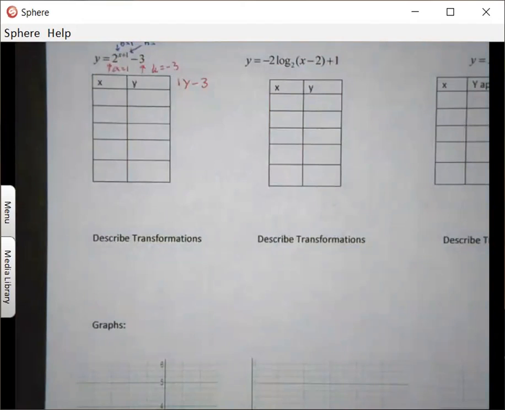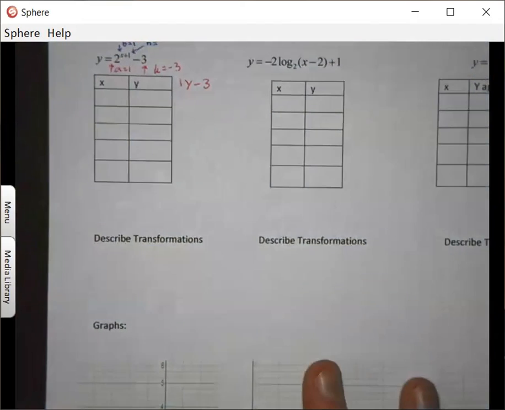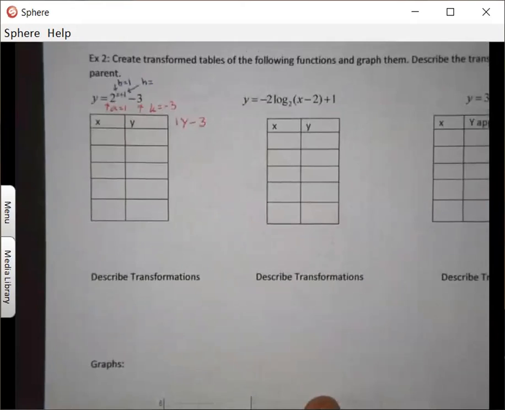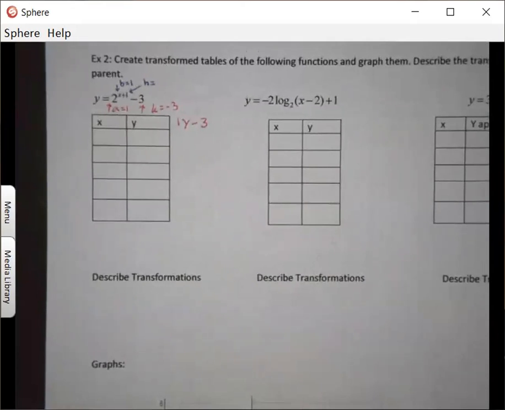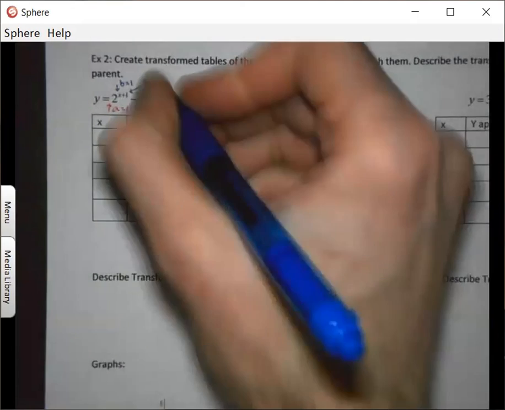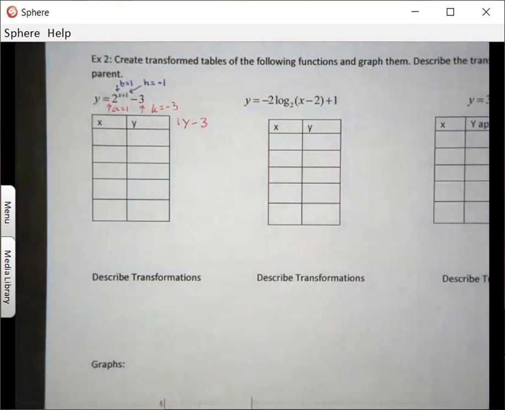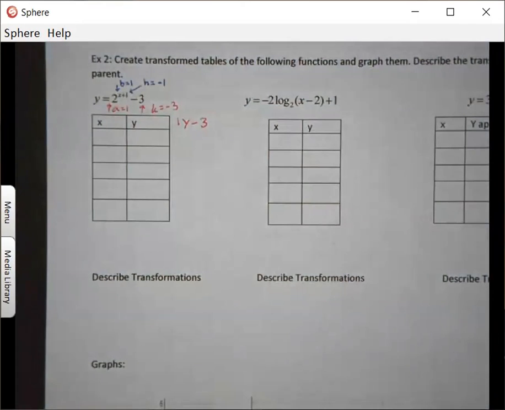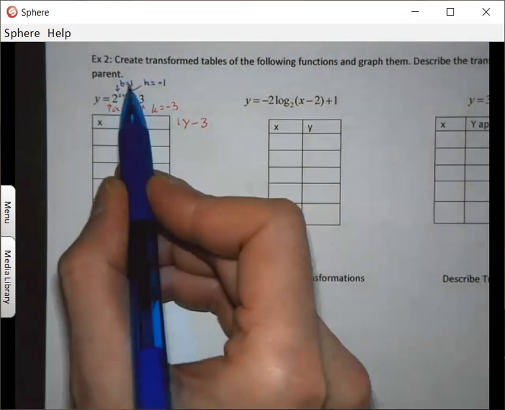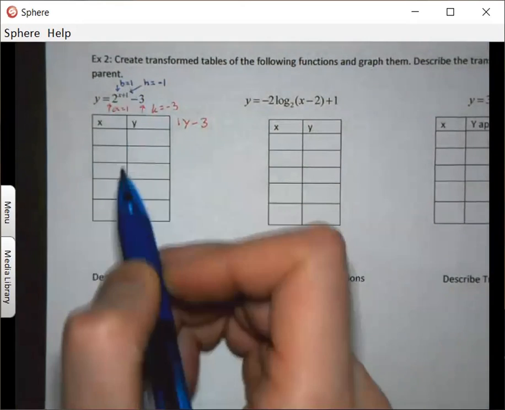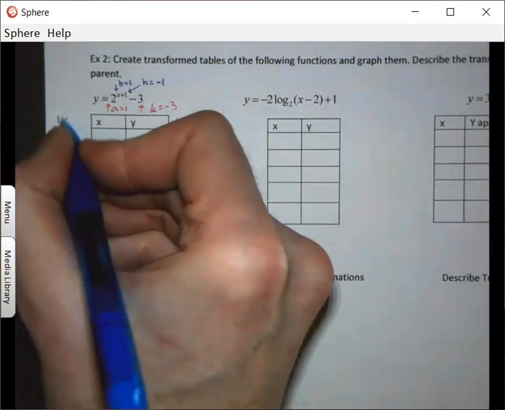And one thing we need to remember for our x values, b, we need to use the reciprocal, and h, we need to do opposite sign. So since that's a plus 1, our h is going to be minus 1. So for our equation, well, the reciprocal of 1 is 1, so that doesn't change. So it's going to be 1x minus 1.